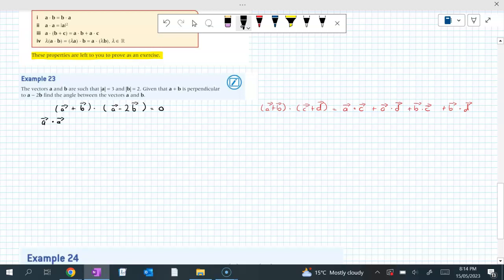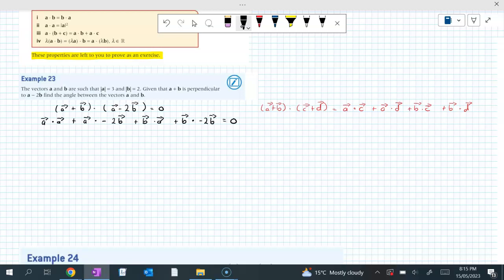Then I'm going to get a dotted with minus 2b, plus a dotted with minus 2b. And then I'm going to get b dotted with a. And then I'm going to get b dotted with minus 2b. Now, that must equal 0.